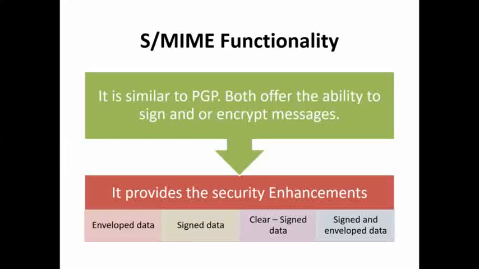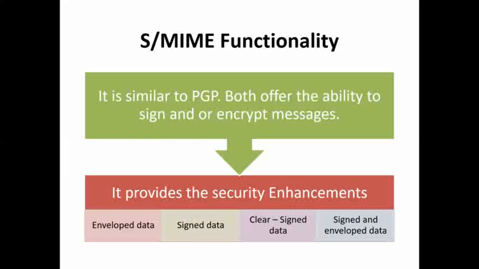First, with respect to enveloped data, what does enveloped data contain? Enveloped data contains the encrypted content, meaning the data is in encrypted form, right? And whatever key was used for the encryption is also associated with that content.